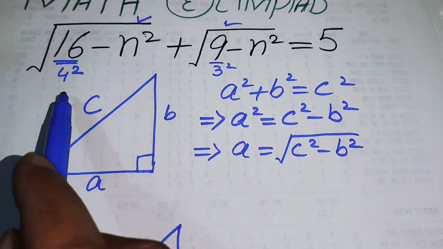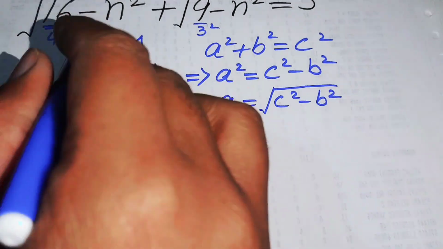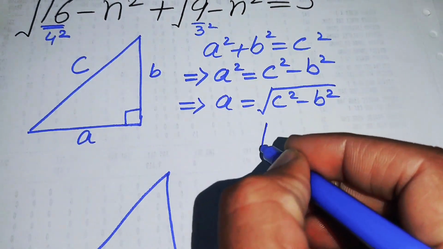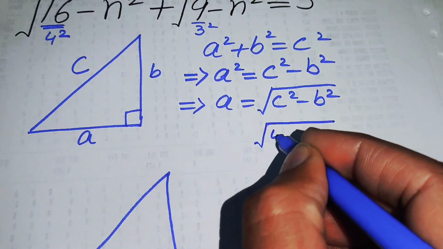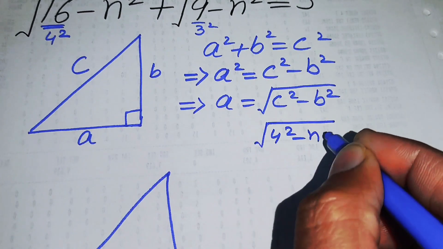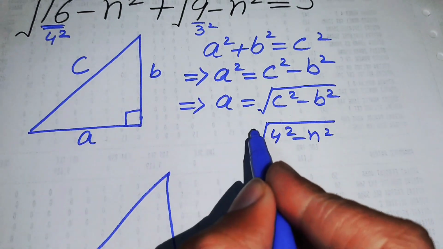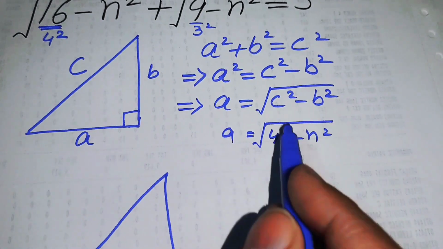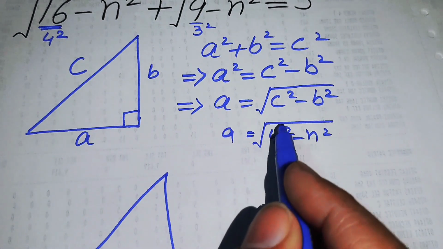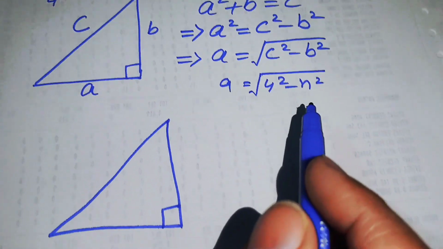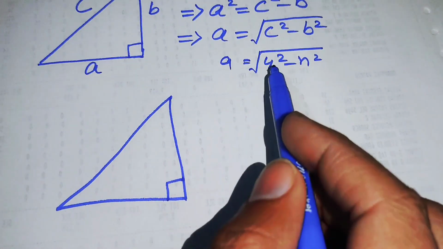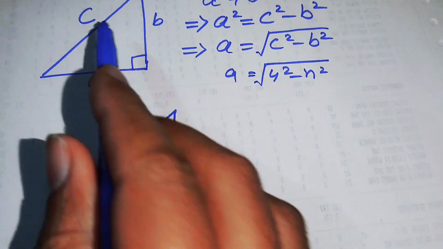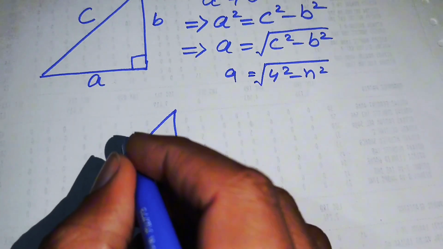So now we write 4 square minus n square here, and we compare both of the sides. When you compare this radical sign to the above term, you see that we have c equals 4 and b equals n.